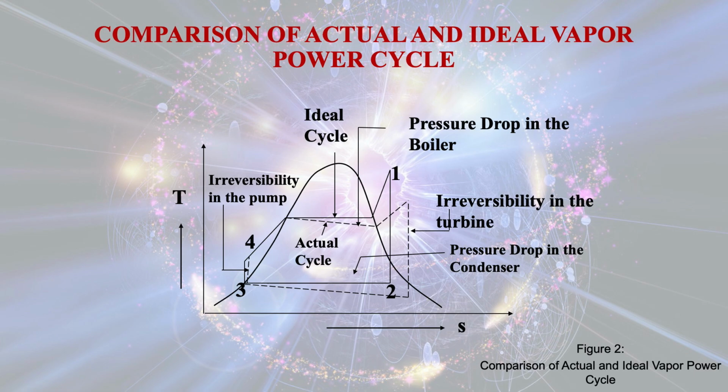Now from this diagram you see that point 1 is the entry point of the steam into the turbine, and point 2 is the exit point of the turbine. We are supposed to get the work output H1 minus H2S, but in practice we get less output from the turbine because of the irreversibilities in the process occurring inside the turbine.